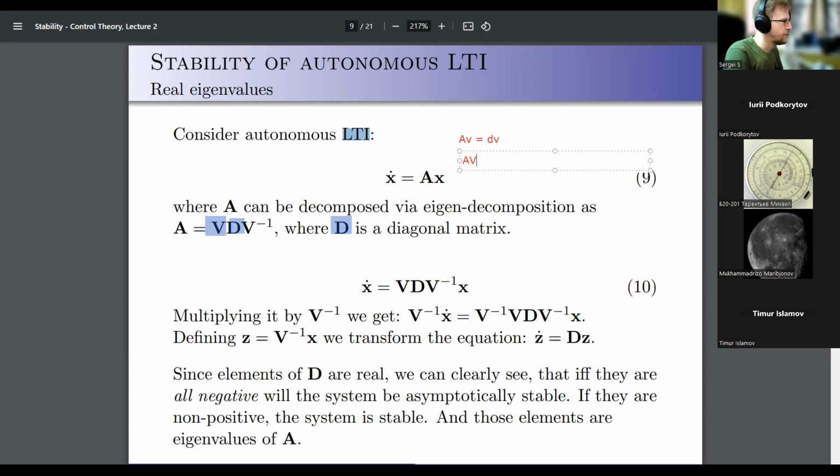Then you stack the next column, and the next, and you would get an equation of the type AV equals to... Let me make sure I don't say anything stupid. I think, yeah, it will look like this. That's what you're going to have after you stack them together.